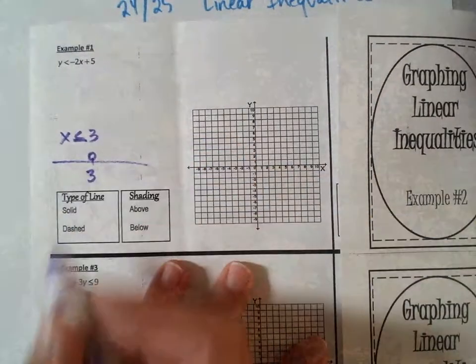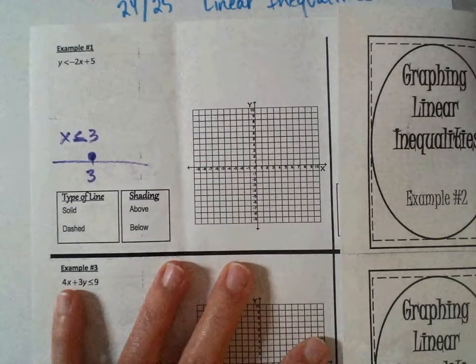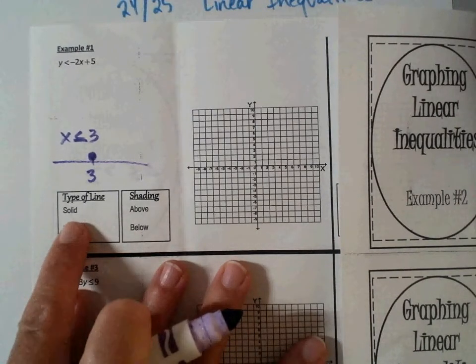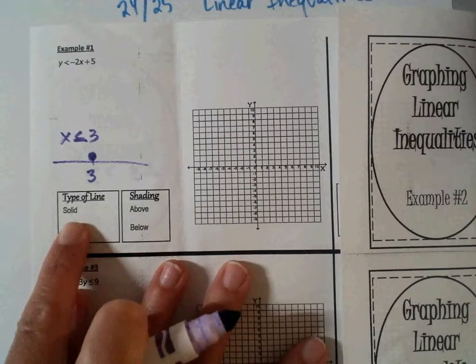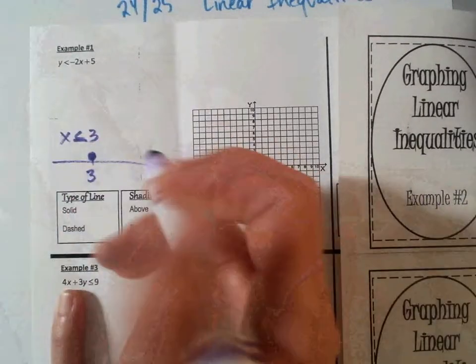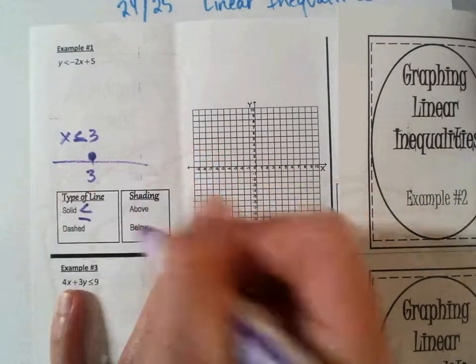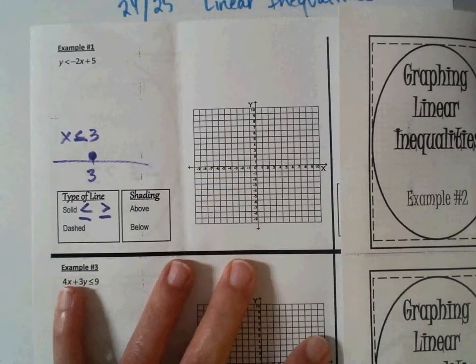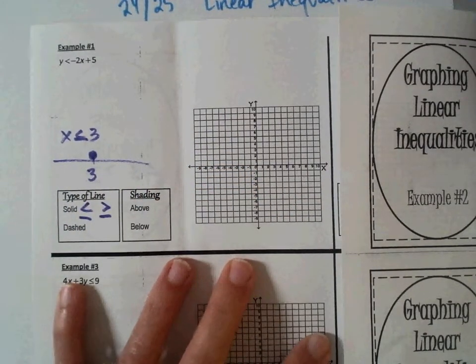Well, same thing here for types of lines. You're going to have a solid line if this symbol is less than or equal or greater than or equal. If you take the extra ink to put the equal to, then you take the extra ink to make a solid line.